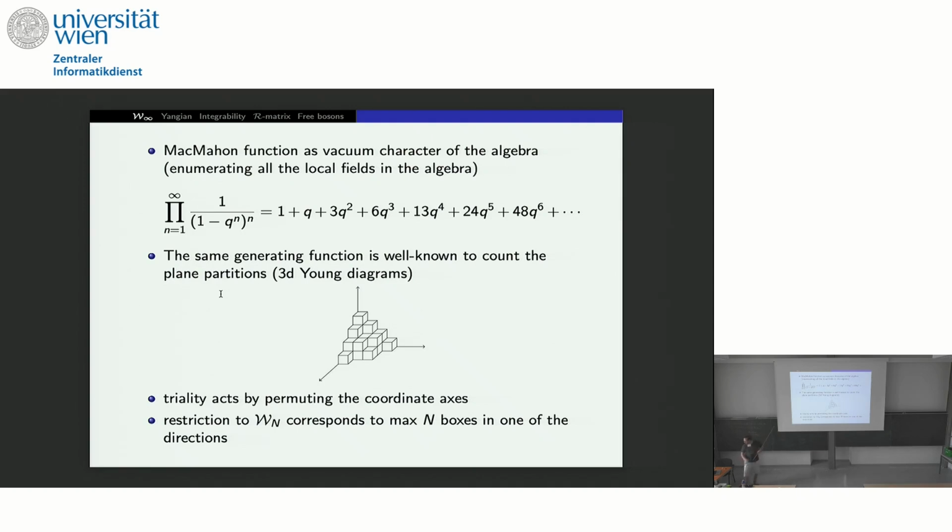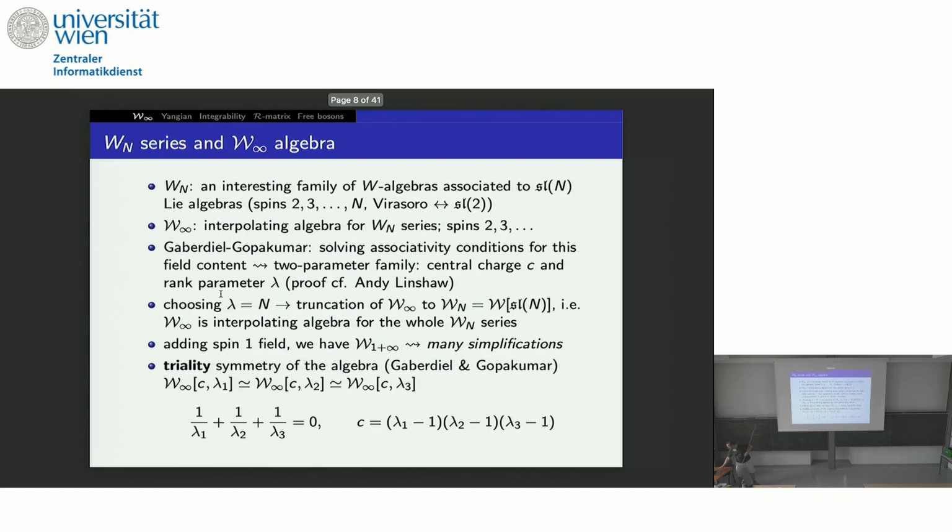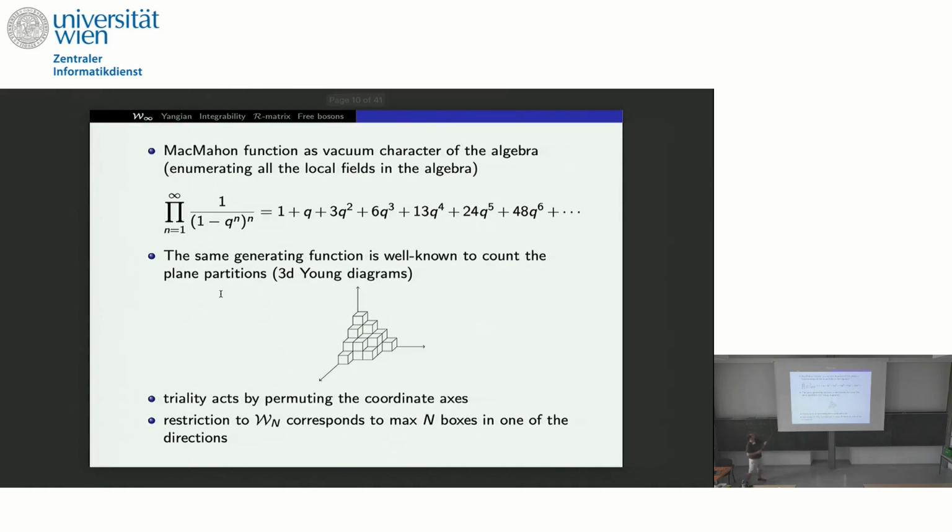Also, these truncations to Wn that I told you about when lambda is an integer have a very nice combinatorial meaning. It just tells you that you should restrict the growth of your 3D Young diagrams to have at most n layers in one of the directions. So things can grow, but they are constrained in one of the directions.